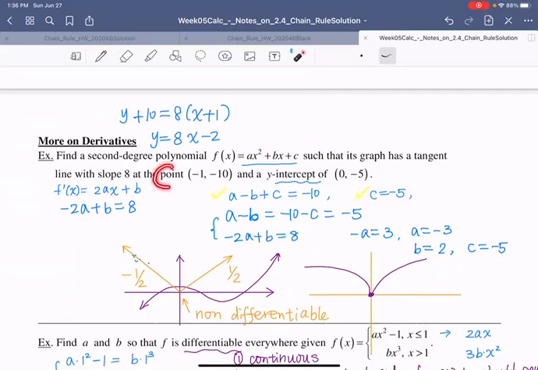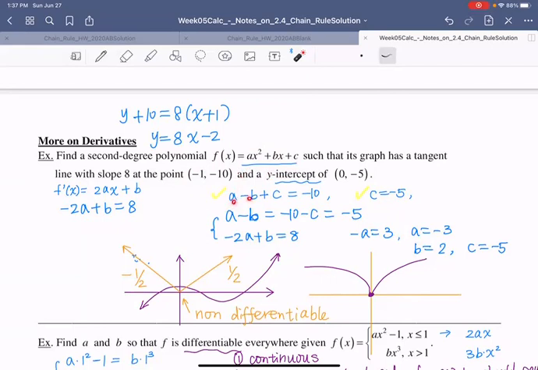But you notice that this point is on this graph, okay? This is saying you have this curve. And at this point, your tangent line slope is 8. So this point is on your curve. So you can definitely plug in this point into here. -1 square is 1 times A is A, minus B. C is already given.